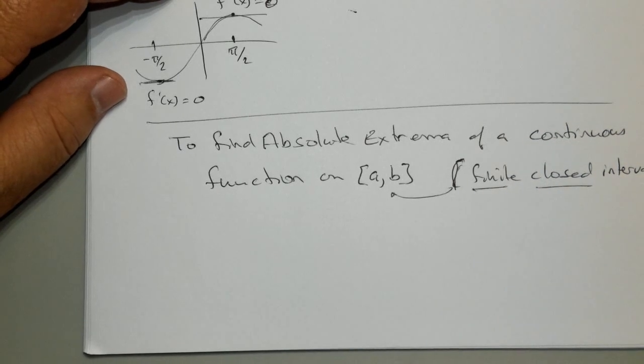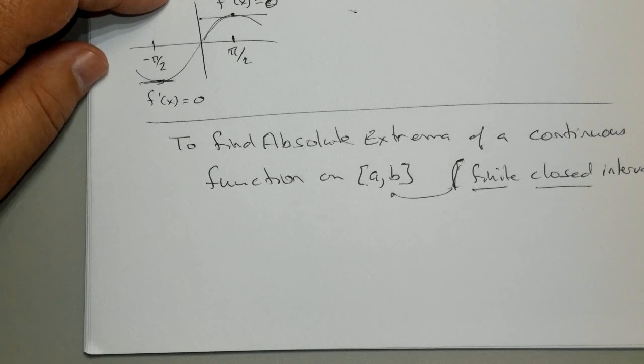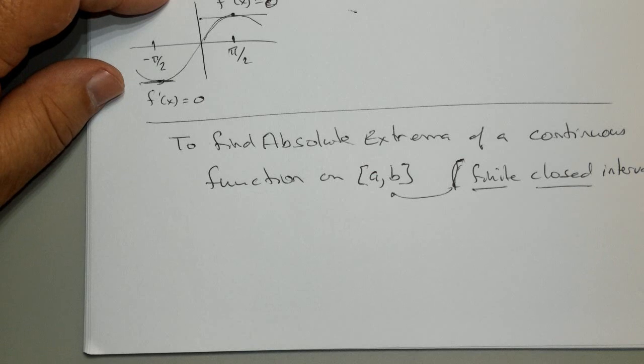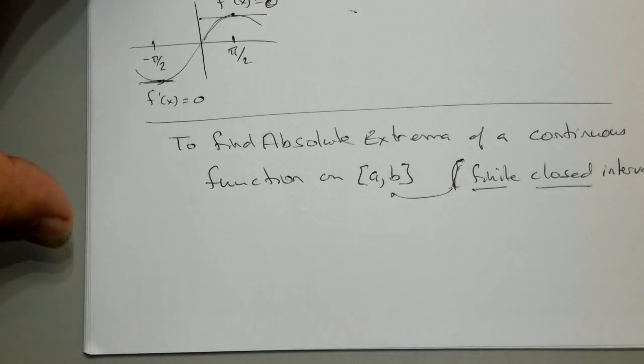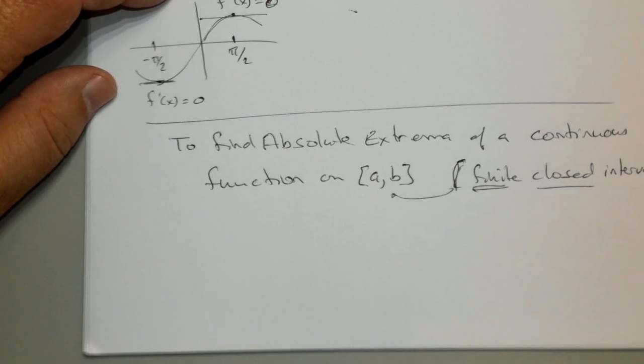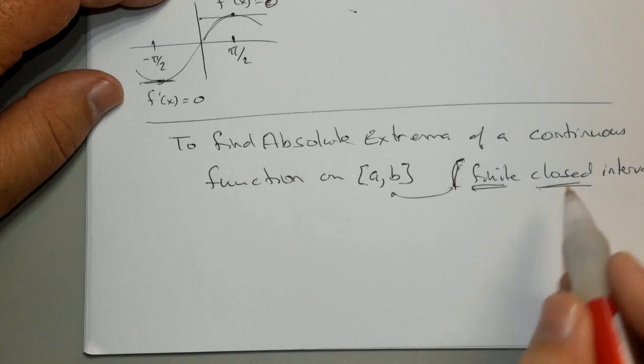Very important. Why is being closed important? Well, remember, we could only find extreme values at interior points where the first derivative equals 0, interior points where the derivative is undefined, or at endpoints. Because it's a closed domain, we have to include the endpoints. So that's why it's finite within a and b, and it's closed. That makes it much easier.